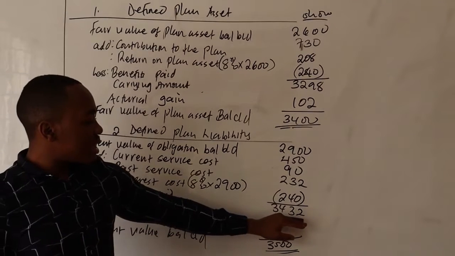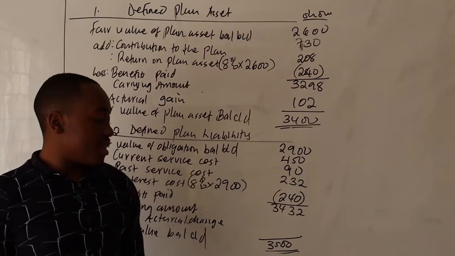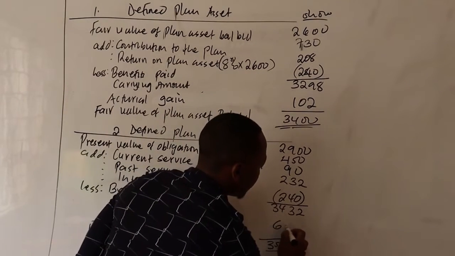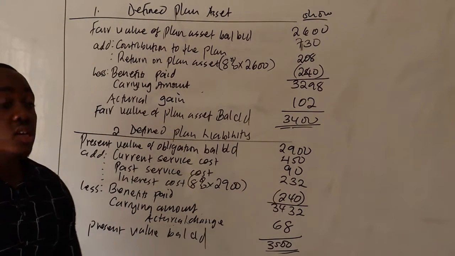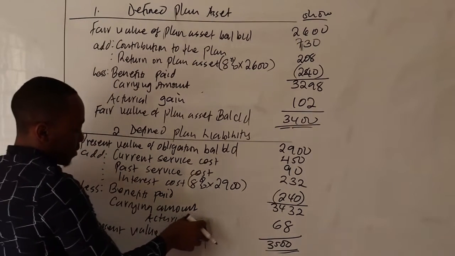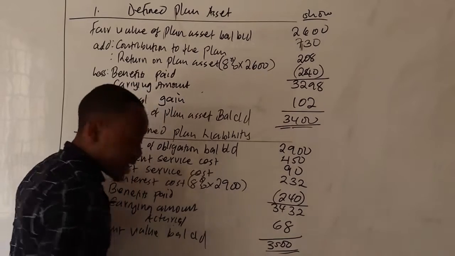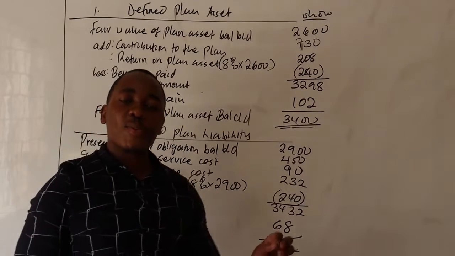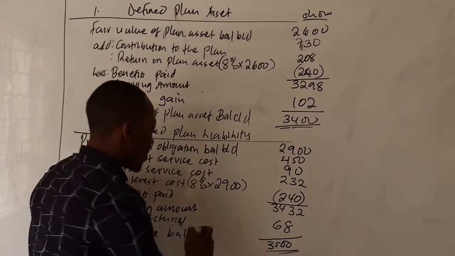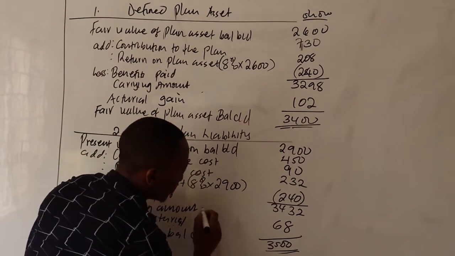So from 3,432 to 3,500, there was an increment, an increase of 68. So what is that? That's what we call actuarial. There was an increase, so that's what we call an actuarial loss.